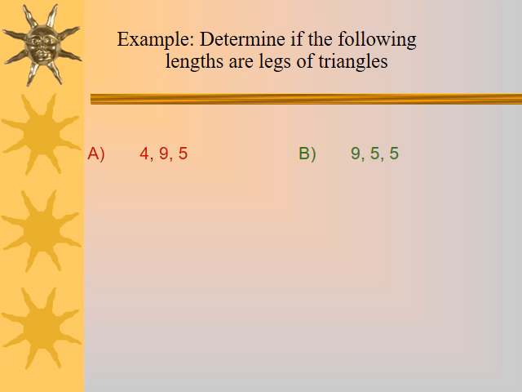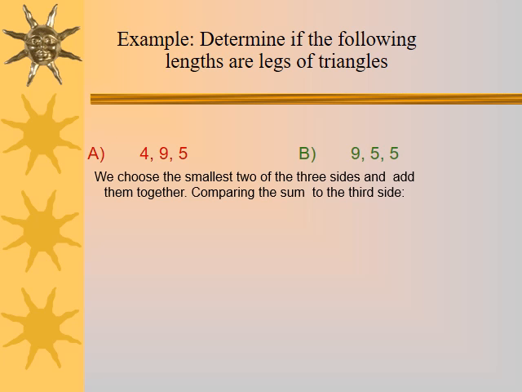Finally, I need to determine if the following lengths of the sides make triangles or not. So we talked about this a little bit. What we need to do is follow our triangle inequality theorem from our first slide. We're going to choose the smallest two of the three sides, add them together, and compare them to the third side.